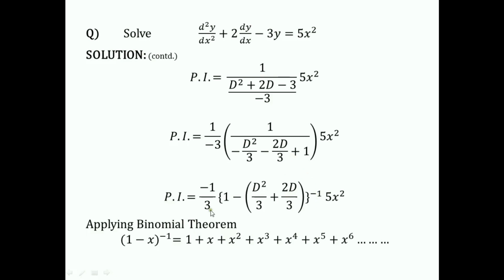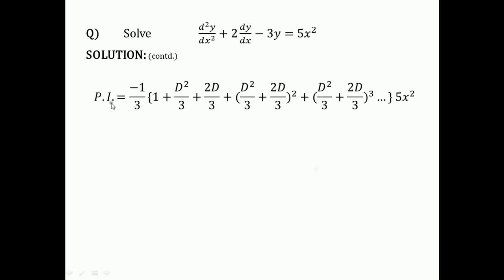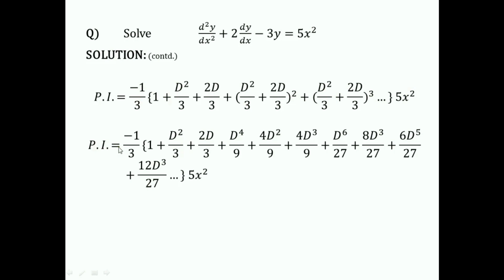So we open out this term by applying the binomial theorem, and we get −1/3 times [1 + (D²/3 + 2D/3) + (D²/3 + 2D/3)² + (D²/3 + 2D/3)³, and so on]. After opening, our expression for PI becomes −1/3 times [1 + D²/3 + 2D/3 plus, using the formula (a + b)² = a² + 2ab + b², D⁴/9 + 4D²/9 + 4D³/9.